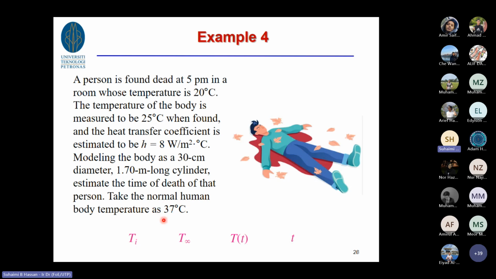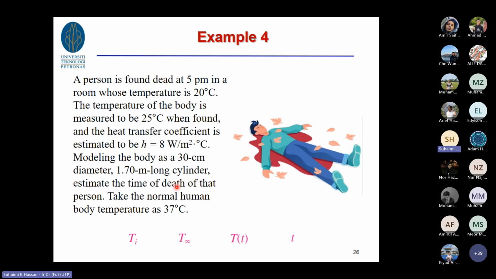So the normal temperature of the human body is 37. This is the initial. Selepas mati, the temperature dia sejuk to 25, so that means this is final. The room is 20. So we have the ambient, we have the TT, we have the TI. So the question is to estimate the time.